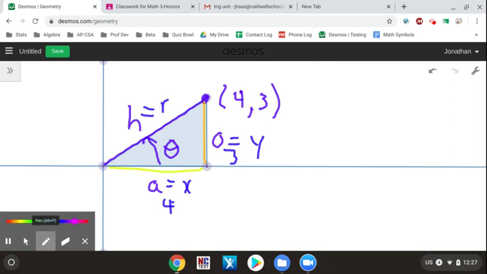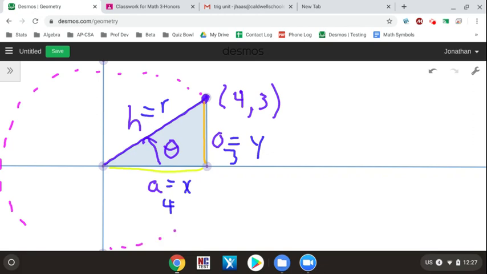And I'll just kind of show you what I'm talking about there. If I took a circle and kind of drew out from there, this point would be on the circle, and this line would be the radius of that circle centered at the origin. So that's why they call it the hypotenuse or the radius. So when you see this x and this y and this r, they're just basically using our old familiar opposite, adjacent, and hypotenuse and translating into a coordinate plane.